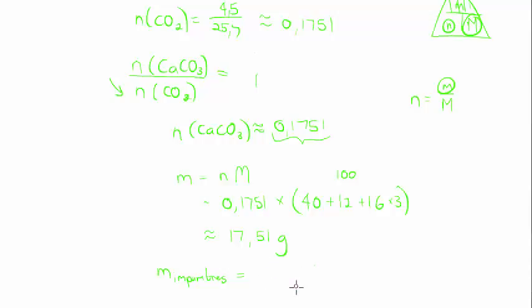How would you work it out? 25, that's how much we had, minus 17,51 is actually 7,49 grams. Okay, get that? Not that difficult. But it is a level 3 type question, so it seems like a standard way of asking these questions.